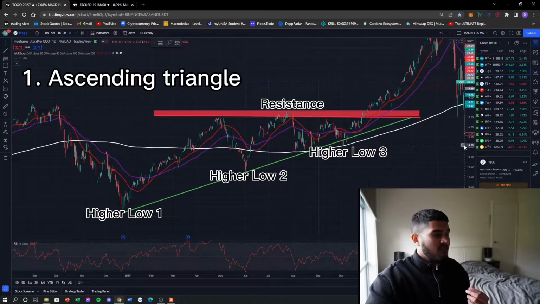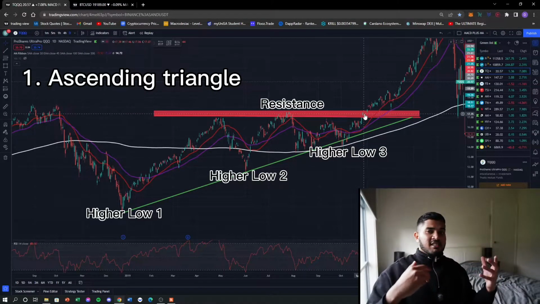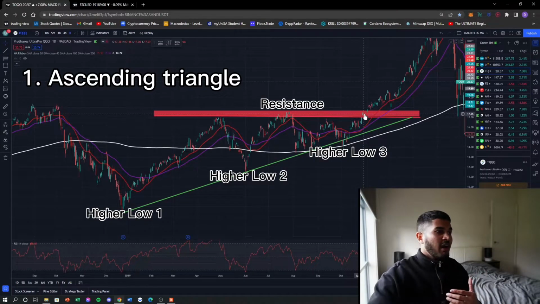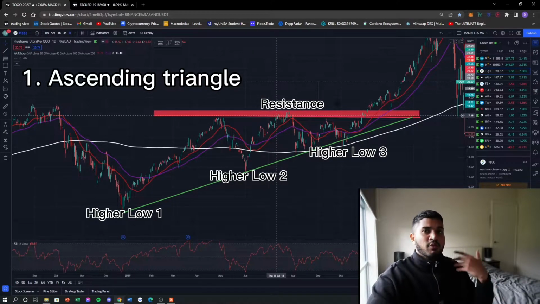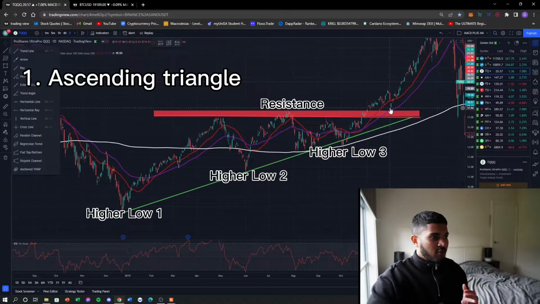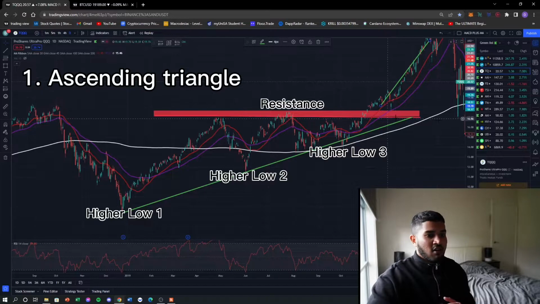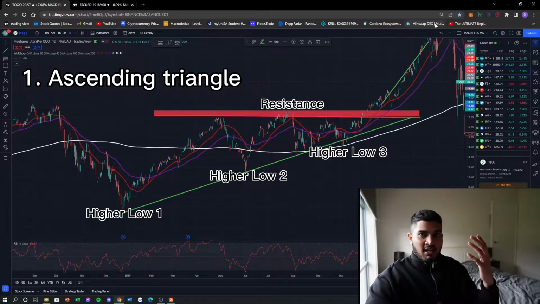Once it hit $14 and something cents, it rallied back up, and from that build up, we can see buyers were taking control, and this resistance level was broken, and the price has gone up from here onwards. I'm just drawing this on my chart. From here to here, once it broke this level of resistance, the price rallied all the way up.